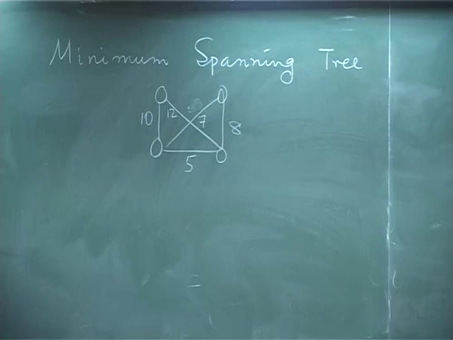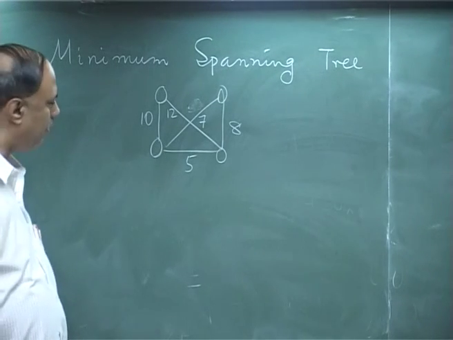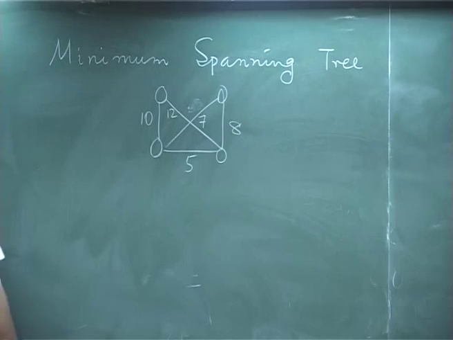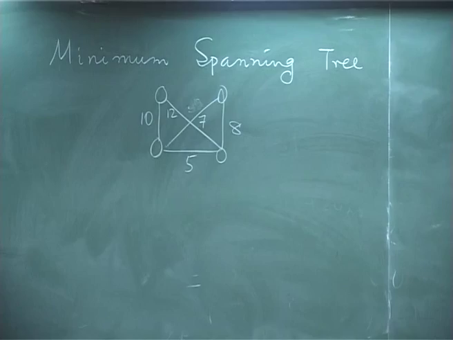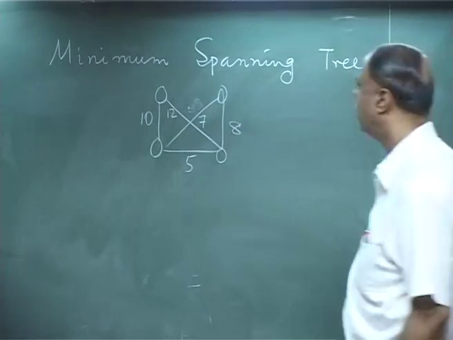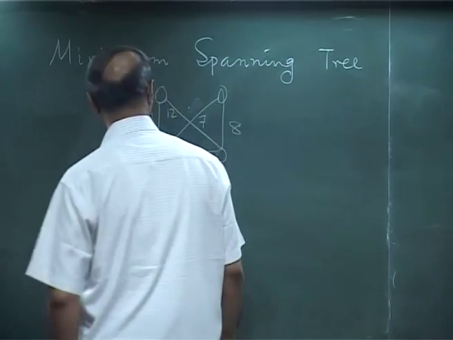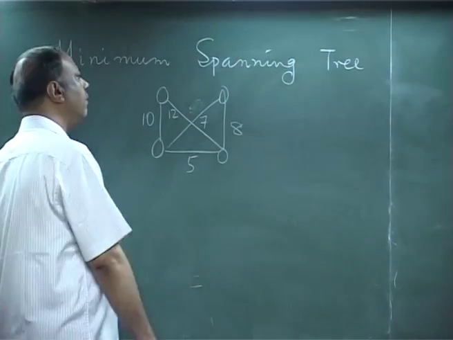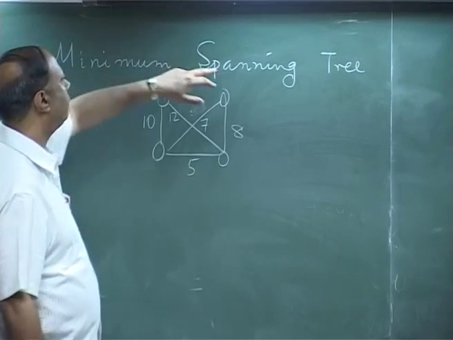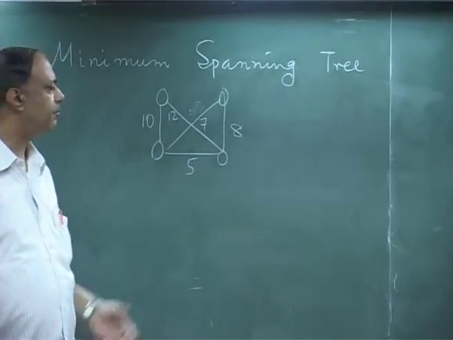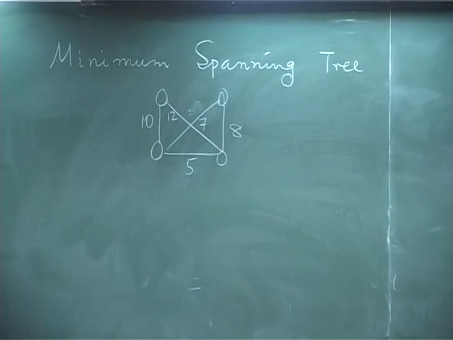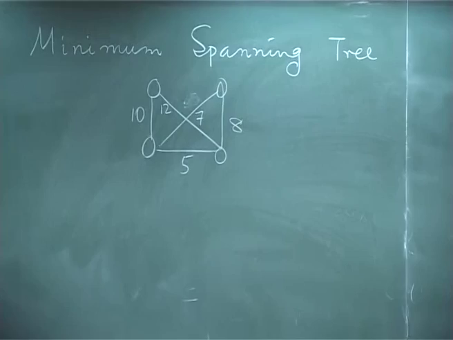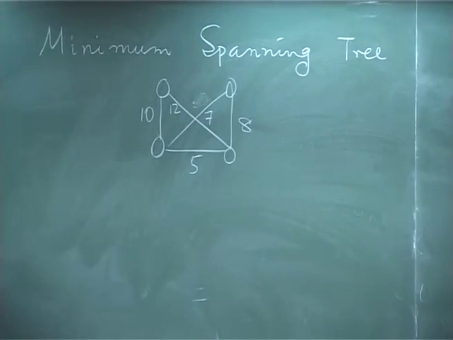Okay, this is the weighted graph you have, and you want to obtain a tree from this weighted graph so that the sum of the weights is minimum. First, if I forget about this, I'm looking for the spanning tree. From this graph, you have to find the tree with n minus 1 edges. That will give you the spanning tree.